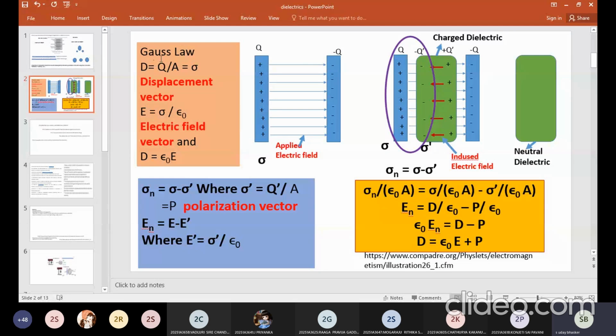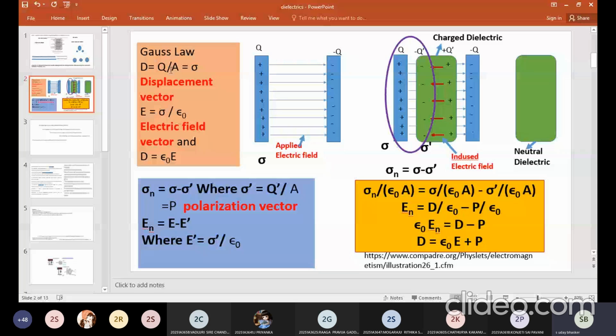Now, from Gauss law, D is equal to Q by A, or you can say rho is equal to D, or E is rho by epsilon naught. Gauss law says that the electric field coming out from a surface is given by rho by epsilon naught.